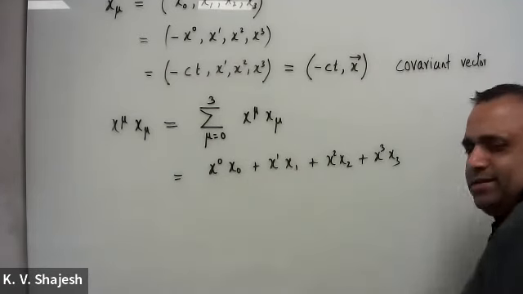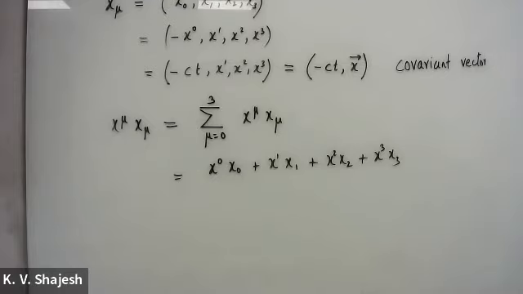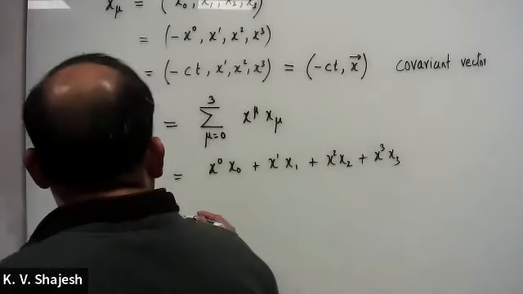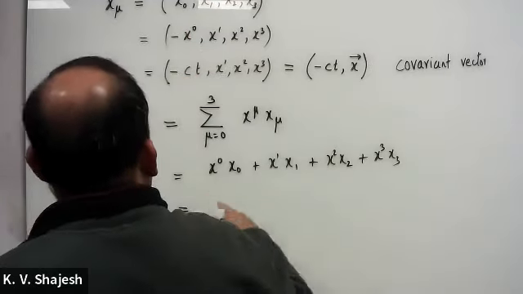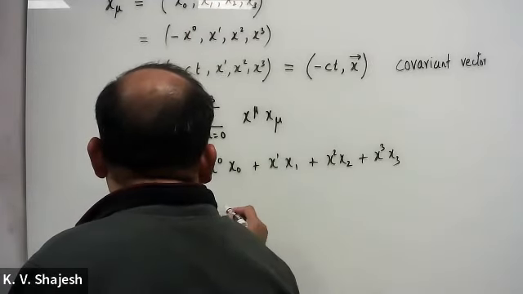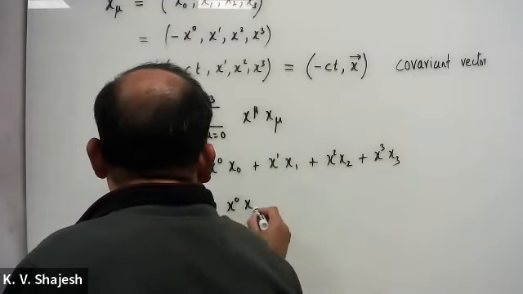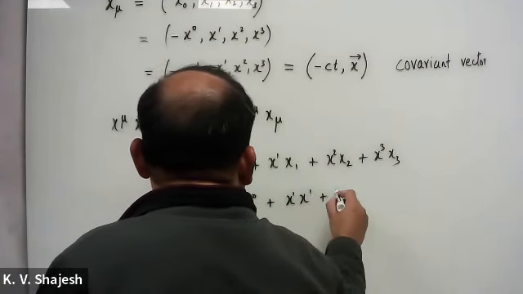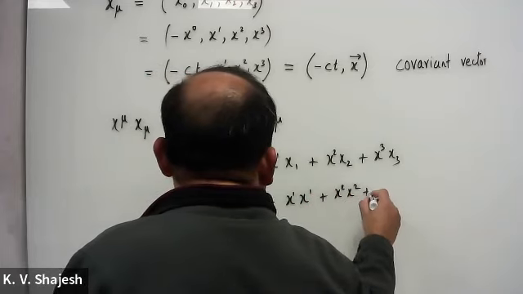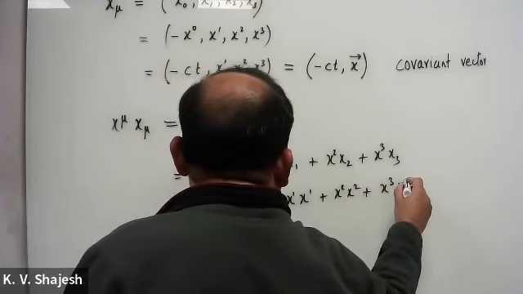Change all the covariant components to contravariant components, and we know that when x0 goes upstairs, it costs me a sign, so that's minus x0 plus x1 plus x2 plus x3.